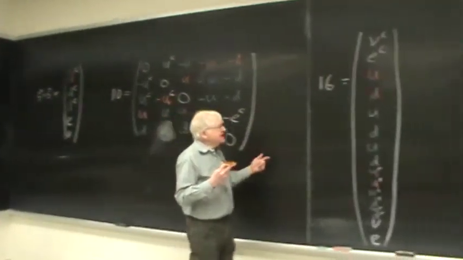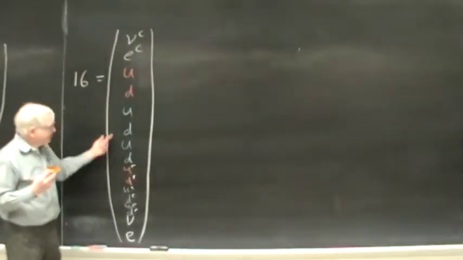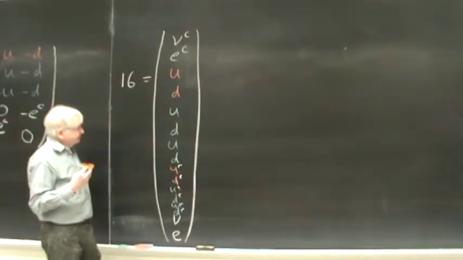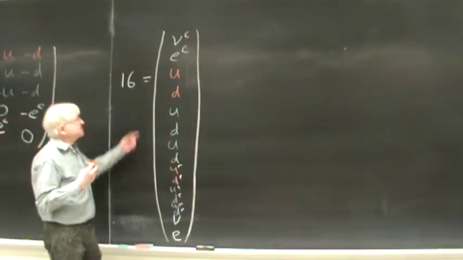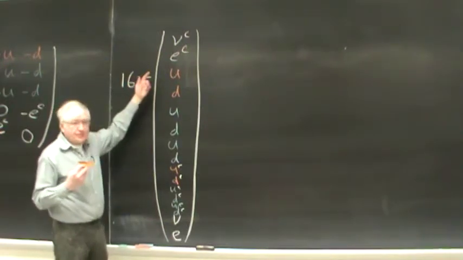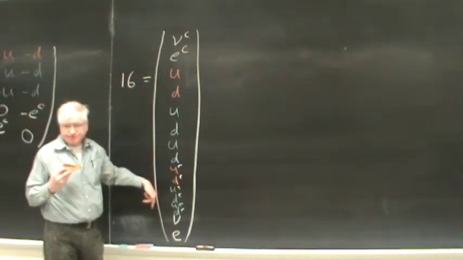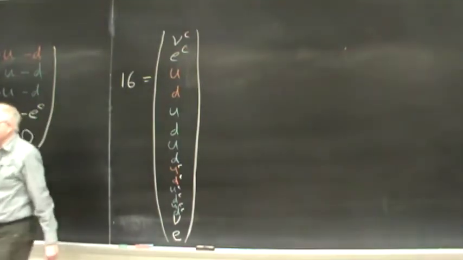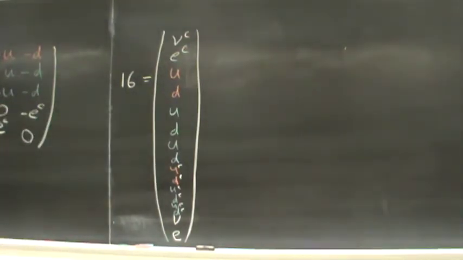In the 16, the sum of the charges is automatically 0, because for every field you have the conjugate field. So the charge conjugation isn't so clear in 16.